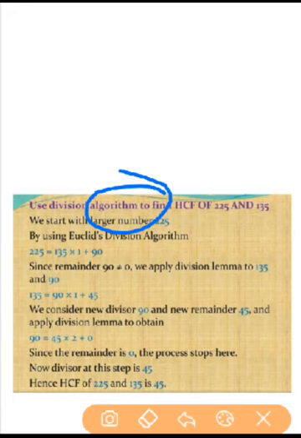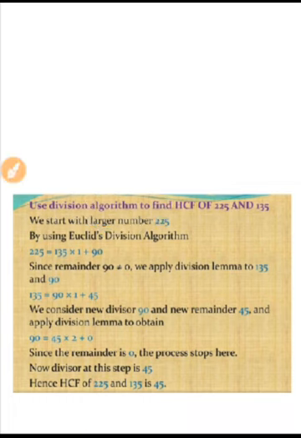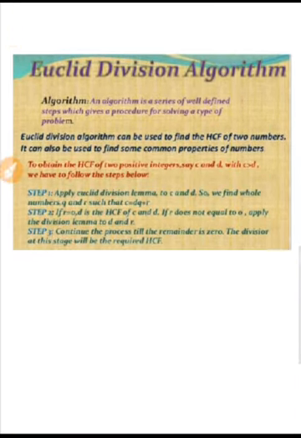Now what is an algorithm? In simple terms, an algorithm is the repetition of a step again and again. It is a repetition of any step. That is called an algorithm. An algorithm is a series of well-defined steps which gives a procedure for solving a type of problem.